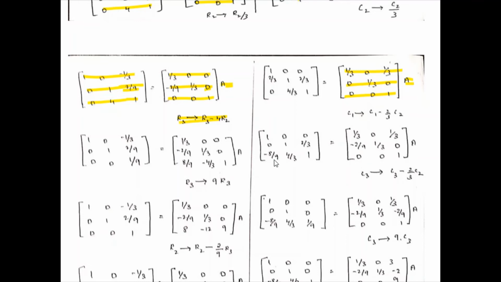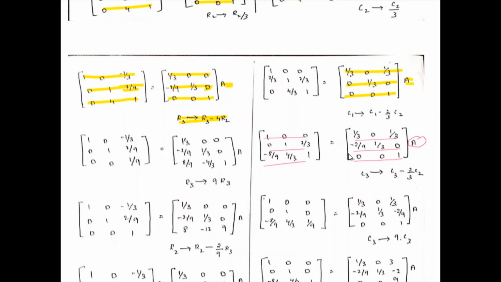Then the resultant matrix will be [1, 0, 0; 0, 1, 2/3; -8/9, 4/3, 1] = [1/3, 0, 1/3; -2/9, 1/3, 0; 0, 0, 1] into A. You may ask that in the above matrix the A21 is 0 while in this matrix the A21 is minus 2 by 9.